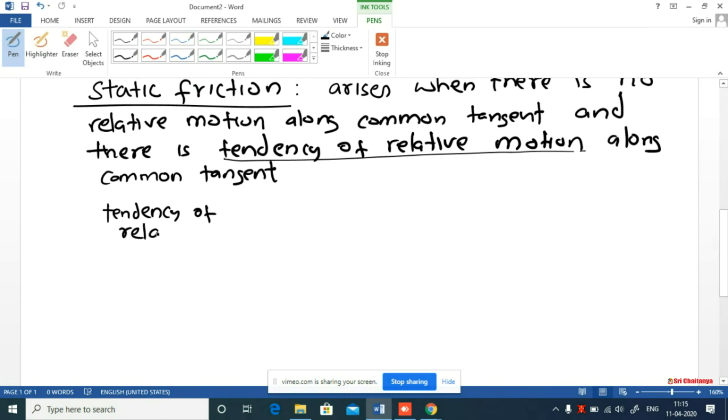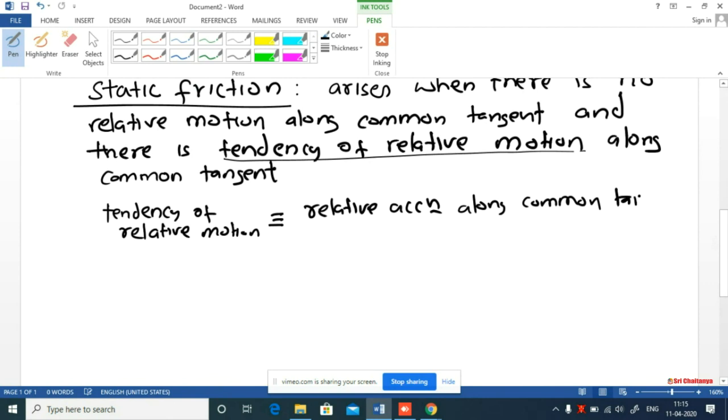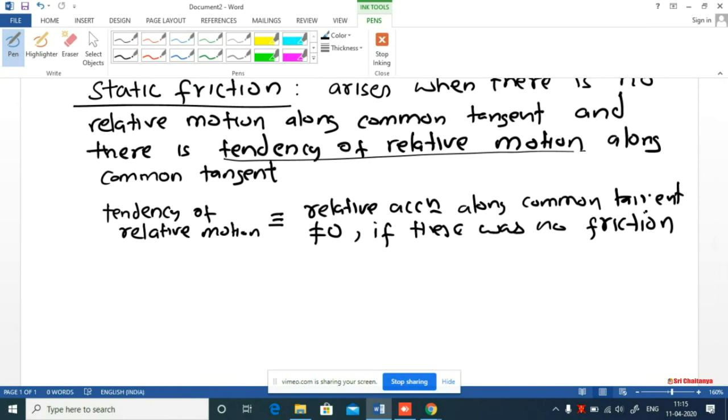Tendency of relative motion implies relative acceleration along the common tangent not equal to 0 if there was no friction, right? So this is how it works. When I say relative motion, it means that v relative is non-zero.